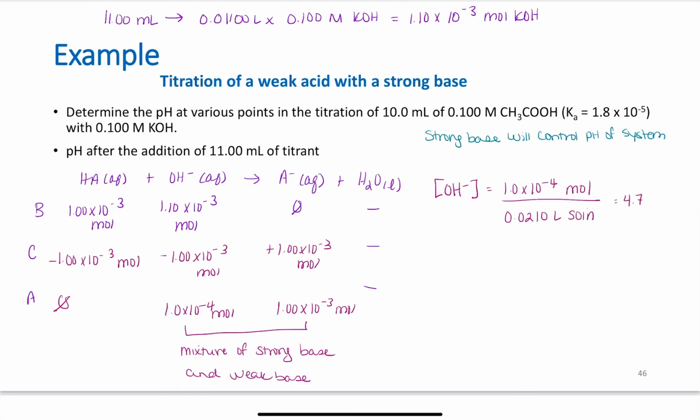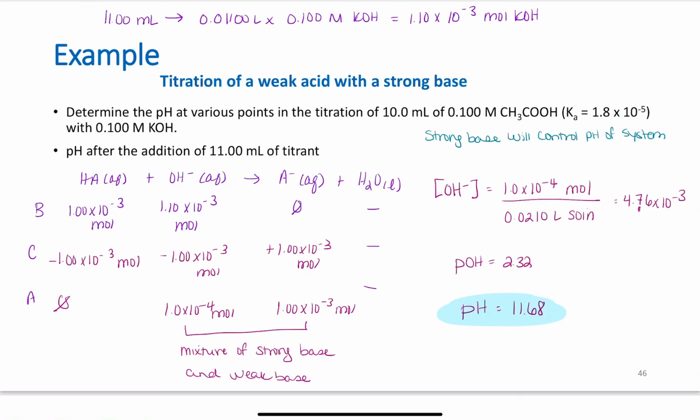This gives me 4.76 times 10 to the minus third. Again, 2 sig figs here. Calculate pOH. pOH is 2.32, and my pH is 11.68. So very, very basic pH.